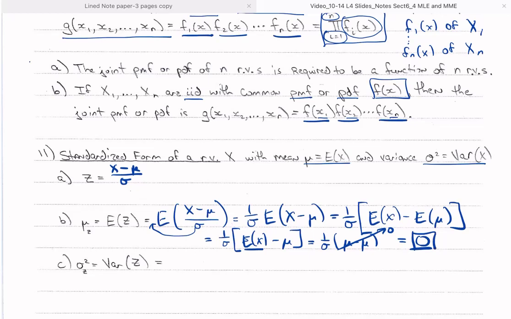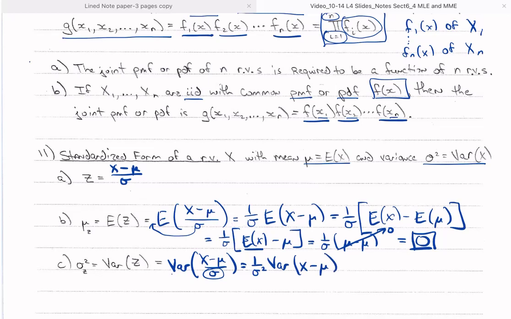So it doesn't matter what distribution x comes from, the standardized form has a mean of 0. Now, let's look at the variance of z. So this is going to be the variance of x minus mu over sigma equals, now this is a constant, so I'm pulling it out, but when I pull it out for the variance, I have to square it. 1 over sigma squared, the variance of x minus mu.